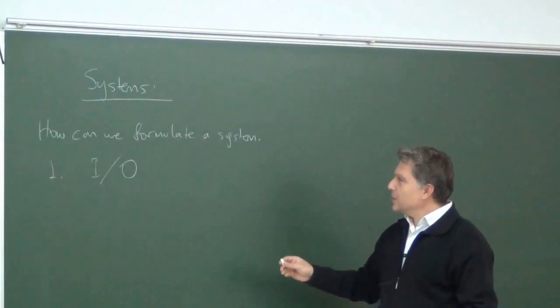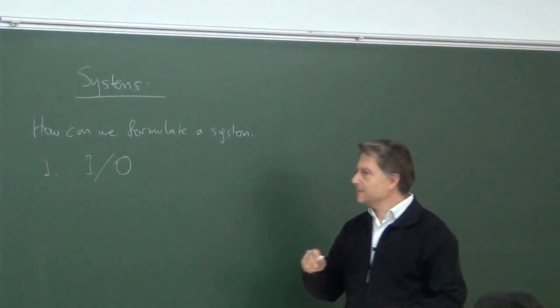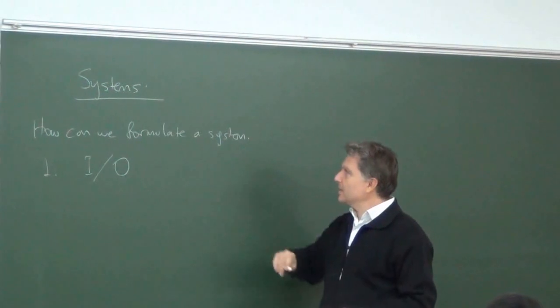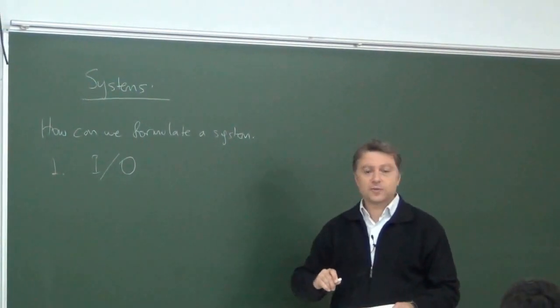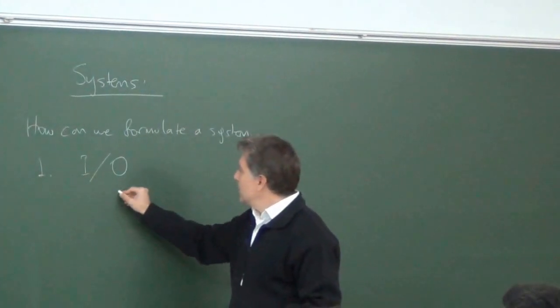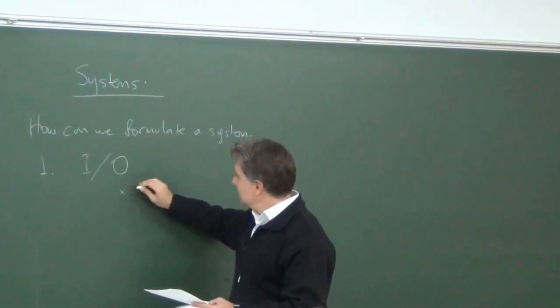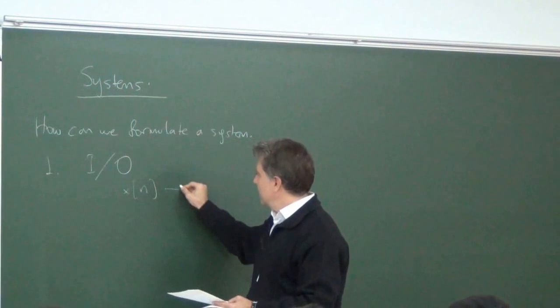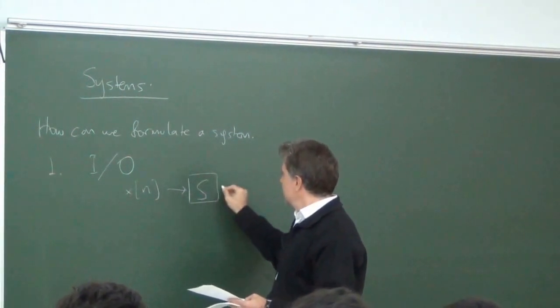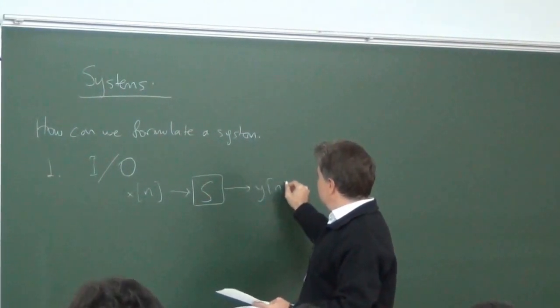The input-output relation will have its problems for the representation or the formulation of the system because let's start with discrete time. This is your system. This is your output.